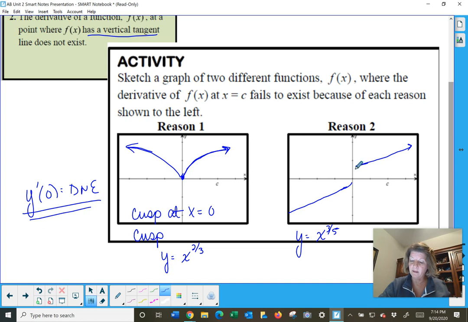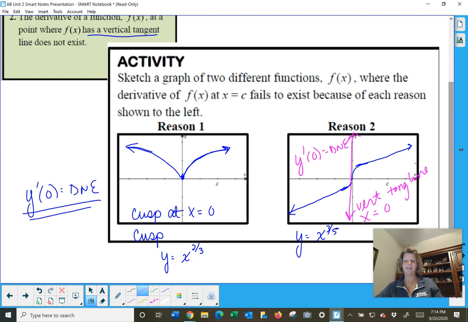Something like that. Put it in your graphing calculator, verify it. We end up with a vertical tangent line at x equals 0. So y prime of 0 in this case, once again, does not exist.